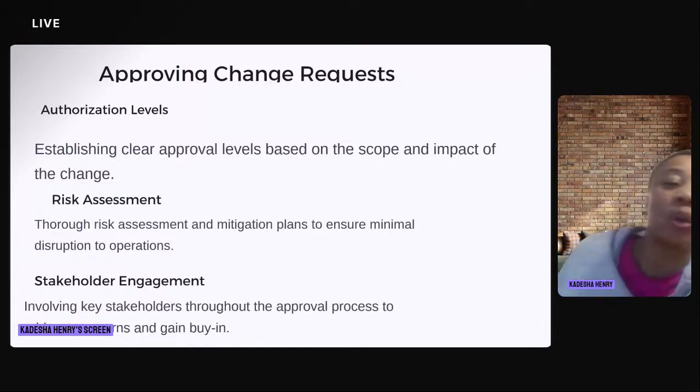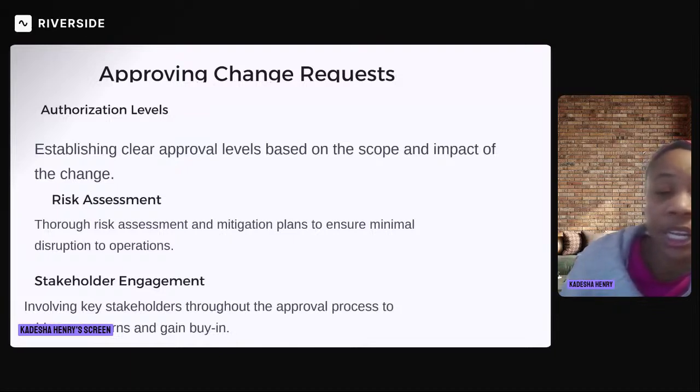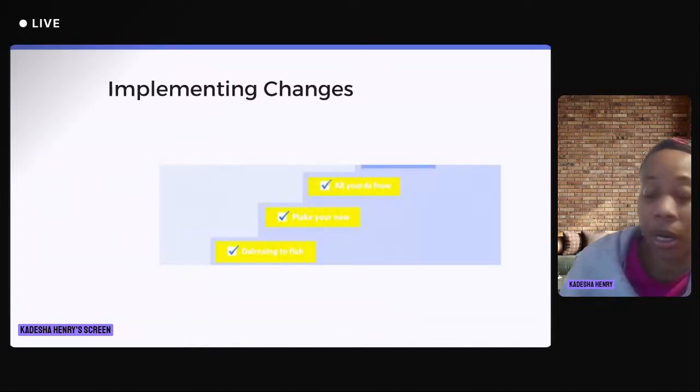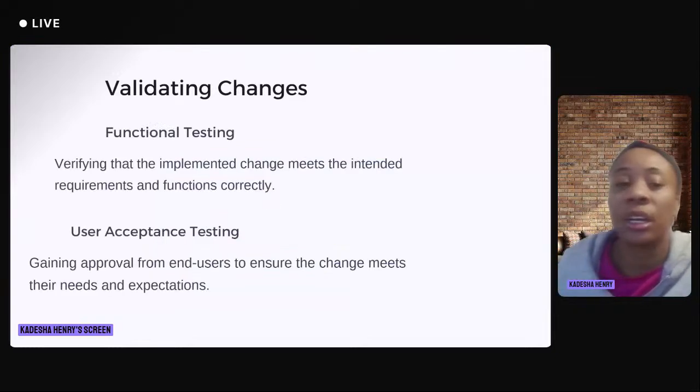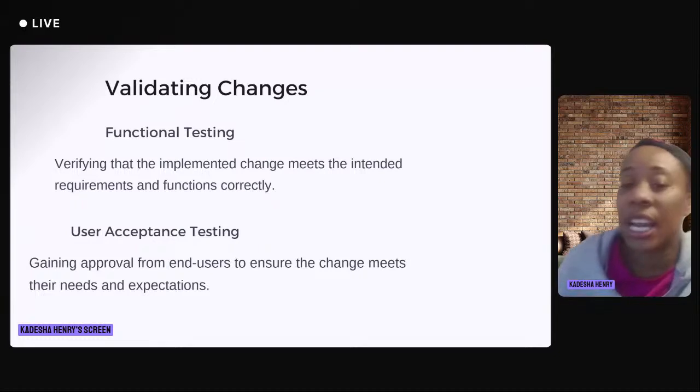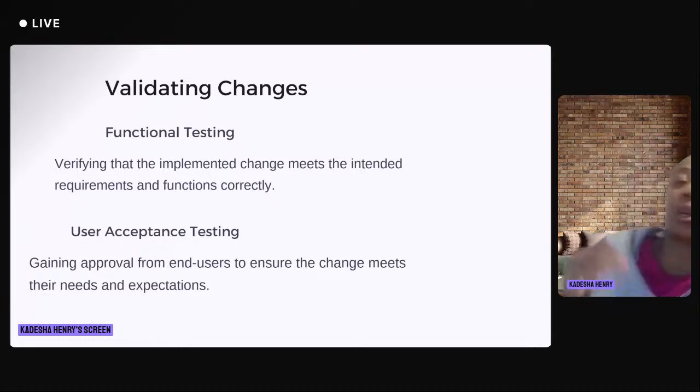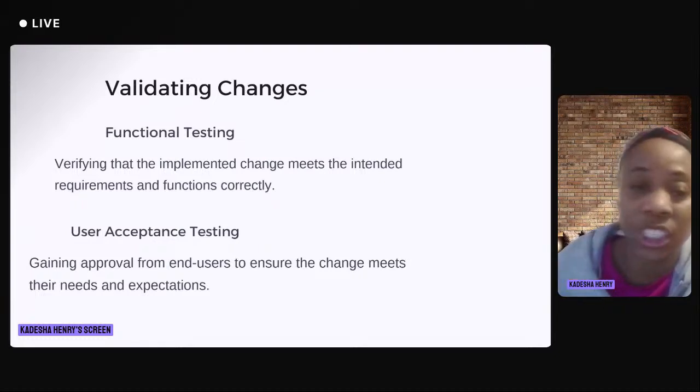So we have to have a risk assessment and mitigation plan to ensure minimal disruption to operations. Then involve the stakeholders, all the people that are part of it. And then after we do that, we're going to implement the change. Then we're going to validate the change.